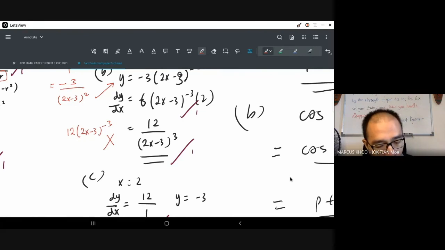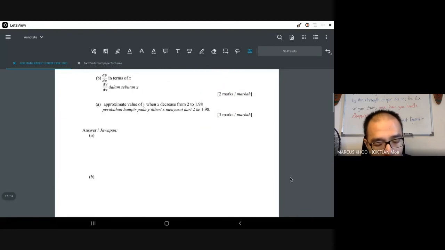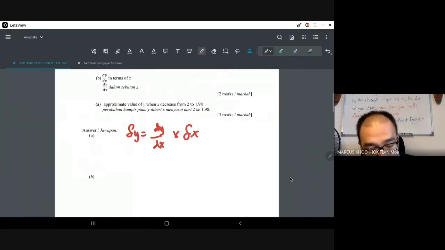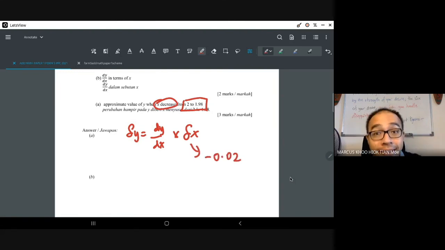Okay, all right, question C, approximate value. The approximate value question is del y equals dy/dx times del x. And we find that x decreases from 2 to 1.98. So that means our del x is negative 0.02 because it decreases.